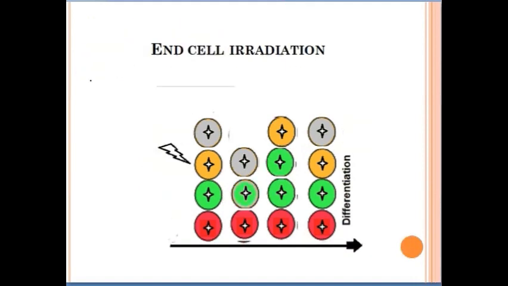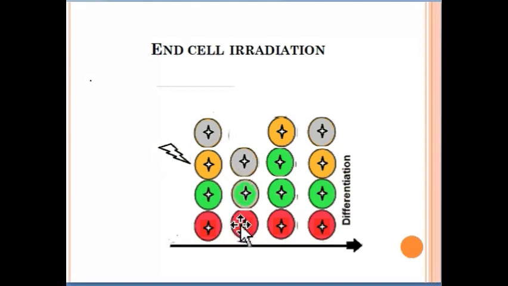Now, in order to show you how this chalone functions, we do this hypothetical experiment. We kill the end cell. Next state, the end cell dies, and this information is now provided to the stem cell.